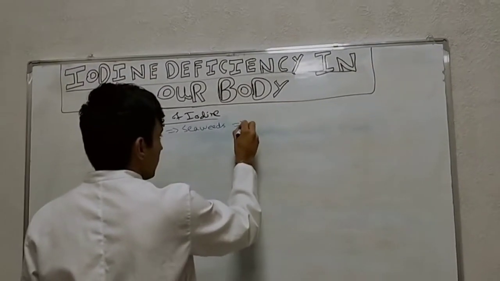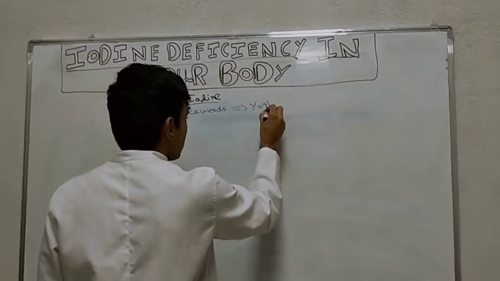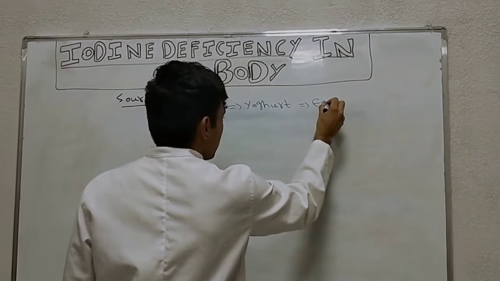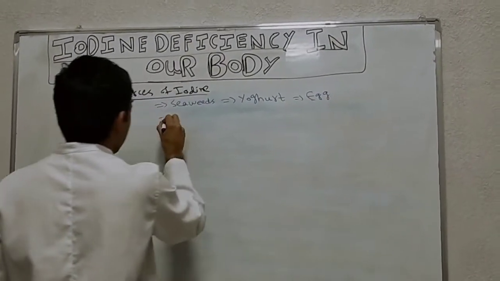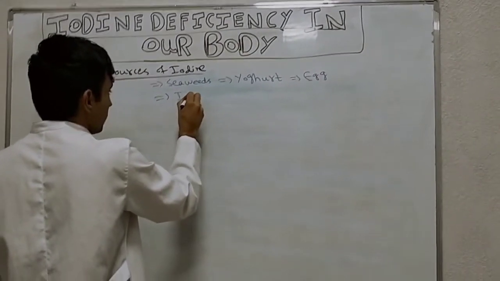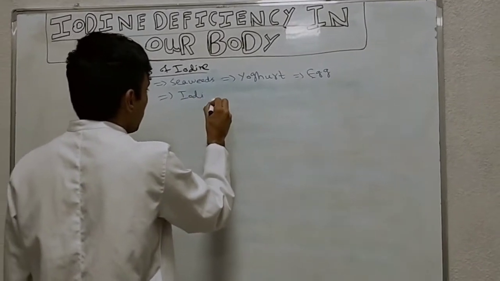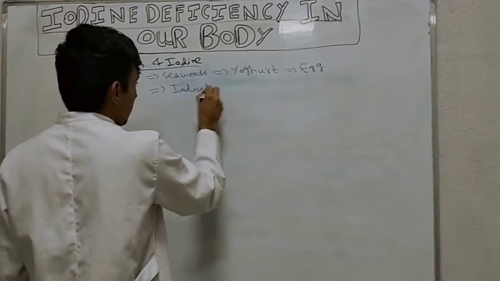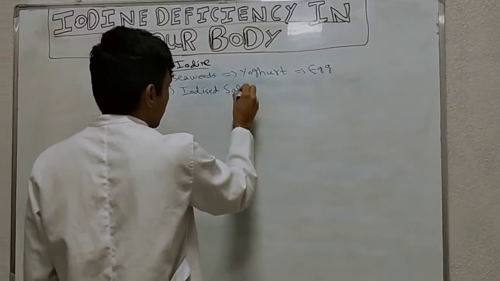After that, yogurt, then egg, and then iodized salt. These sources must be consumed by humans so that they can protect themselves from iodine deficiency.